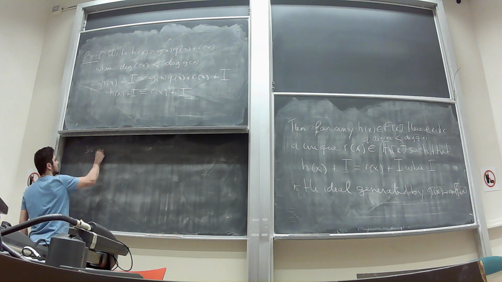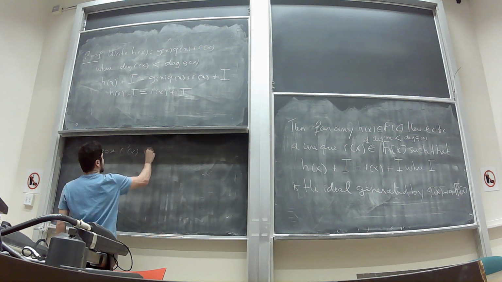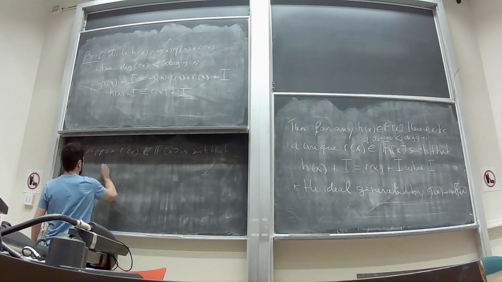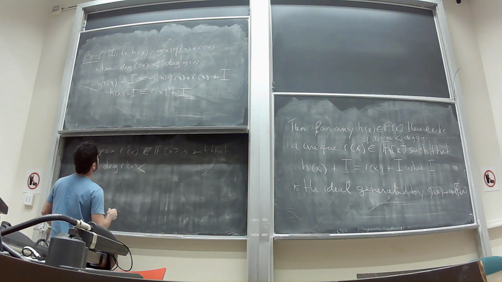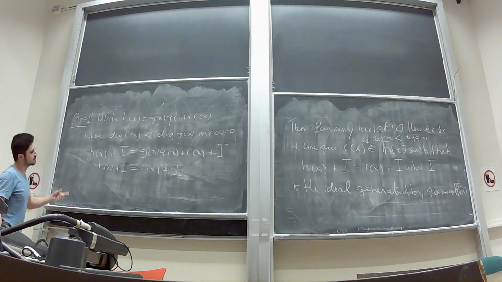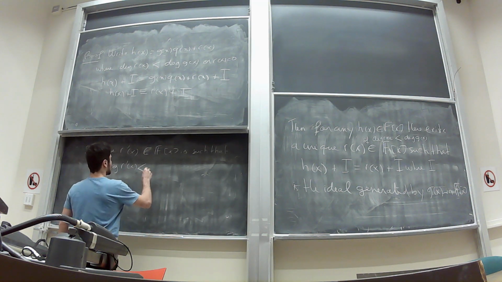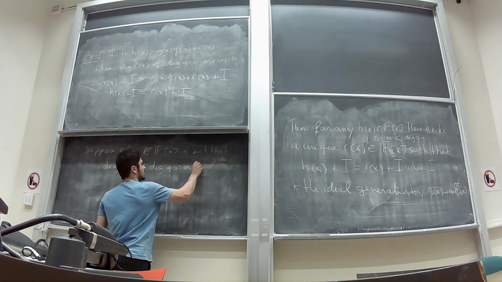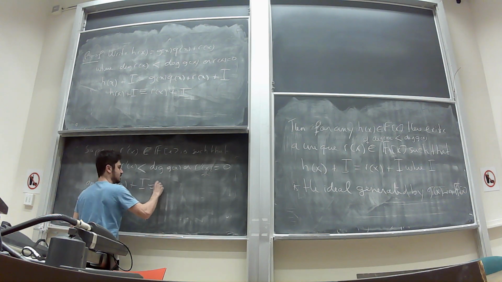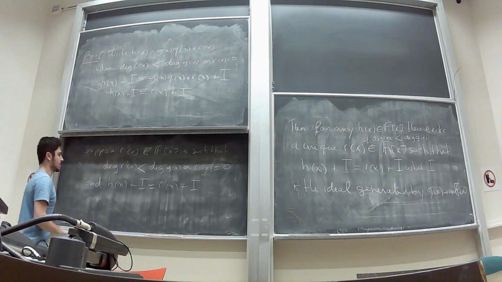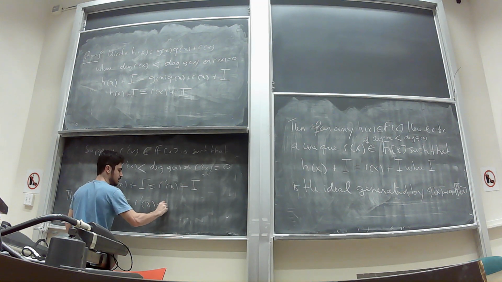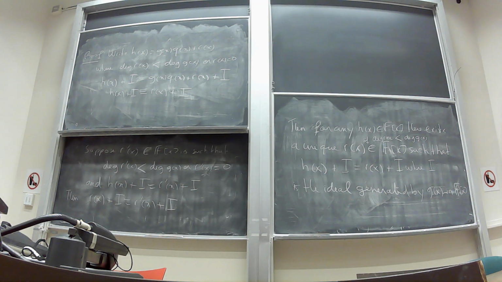Now suppose r'(x) in F[x] is such that the degree of r' is less than the degree of g, or r'(x) is 0, and h(x) plus I is equal to r'(x) plus I. Then r(x) plus I is equal to r'(x) plus I. Right? Because h(x) plus I is r(x) plus I.